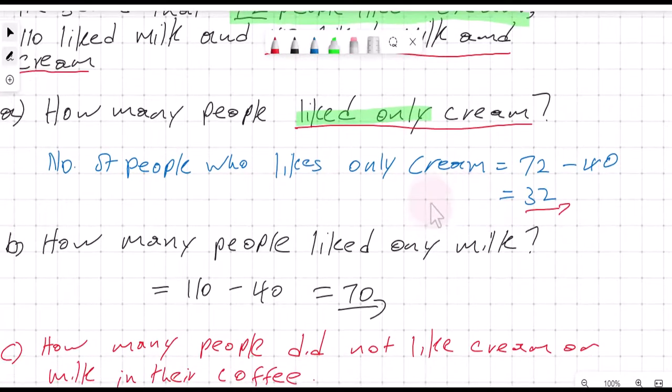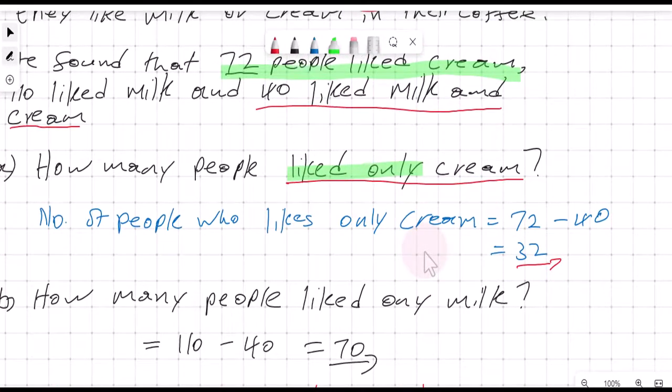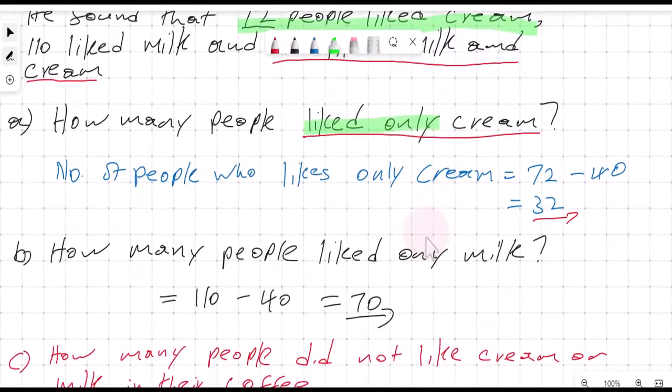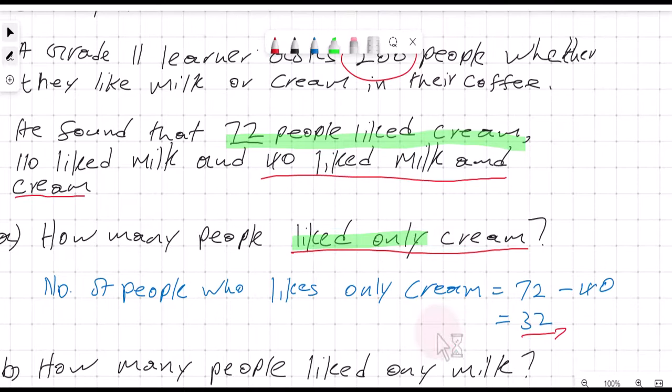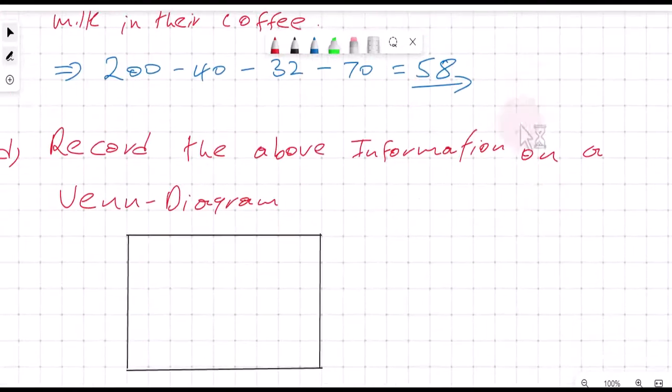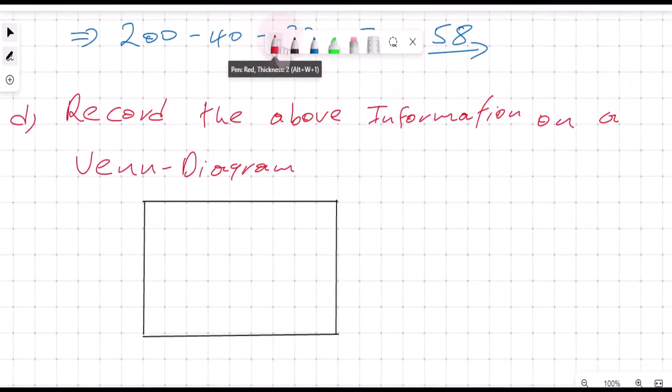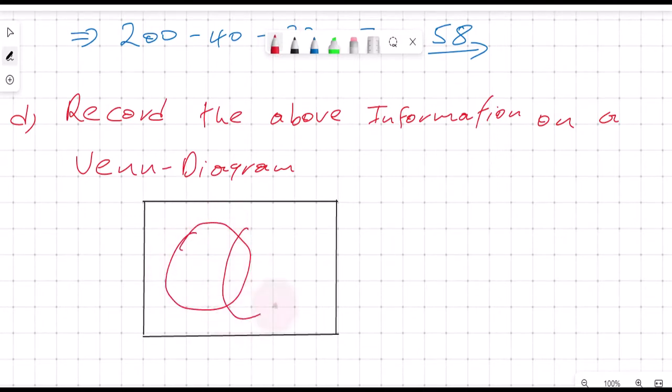Do we have people who like milk and cream? So it means we have an intersection. These two must touch each other because we do have people who like cream and milk. So this is going to be C for cream and M for milk. Is that okay?